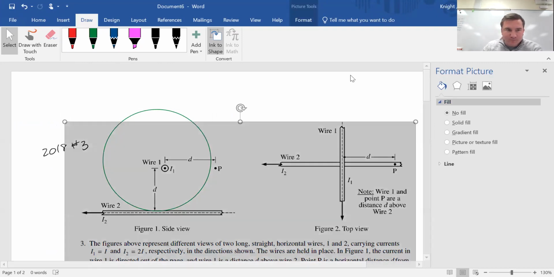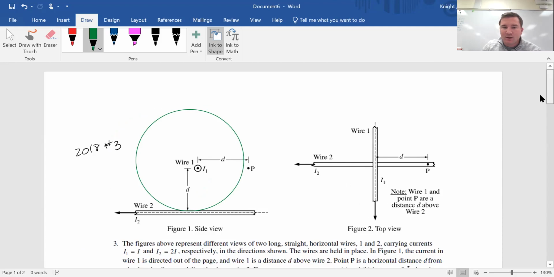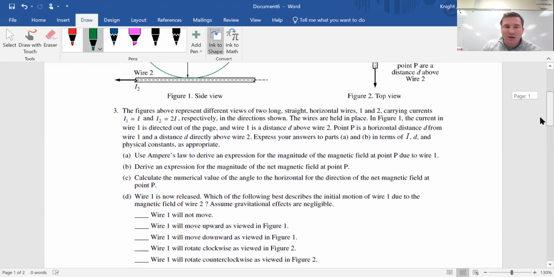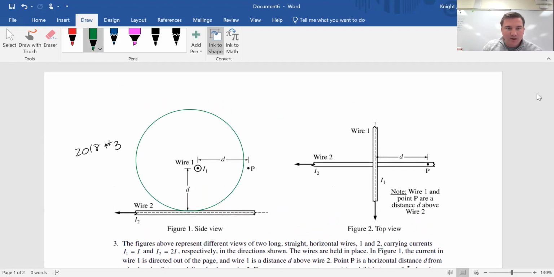So we have our circle, my Amperian loop. We'll pretend that it actually goes through point P like it's supposed to, but it's close enough. So if we want to find the magnetic field at P, we'll have to use Ampere's law.